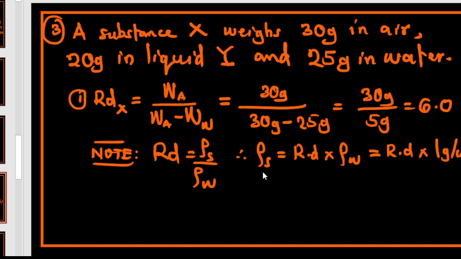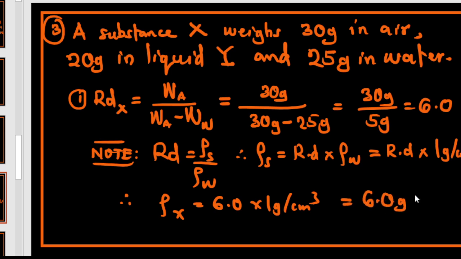So the density of a substance will always be equal to the RD of the substance if you express it in gram per cm cube. So density of X is now going to be 6.0 times 1 gram per cm cube. So it's correct. The answer is 6 gram per cm cube. That's the density of the substance.